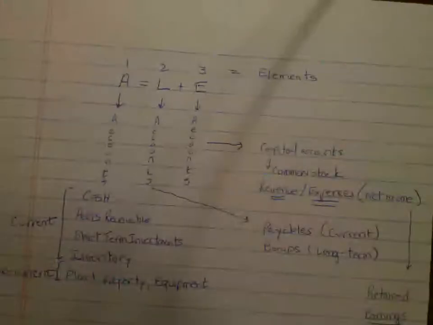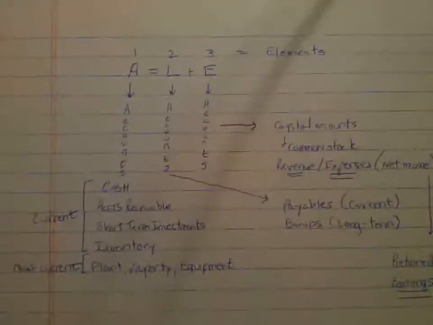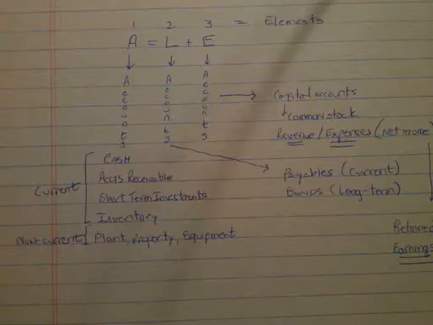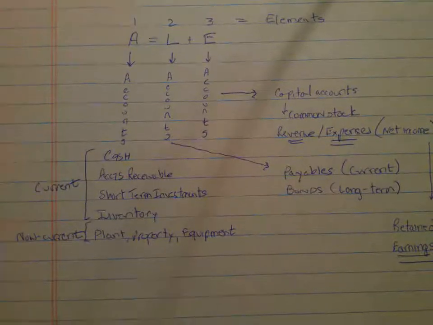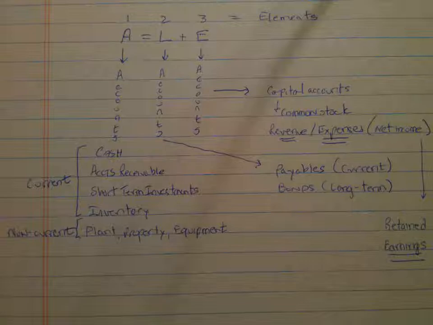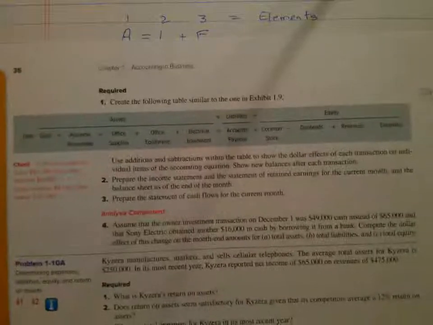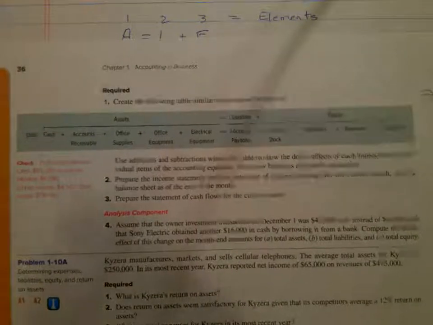So let me go back to my other sheet of paper. When you hear the term transaction analysis method, that's the spreadsheet or table view where they solve the problem.